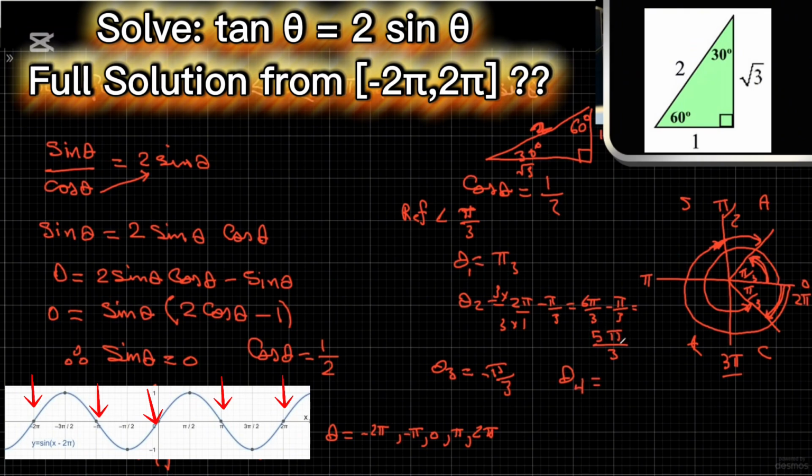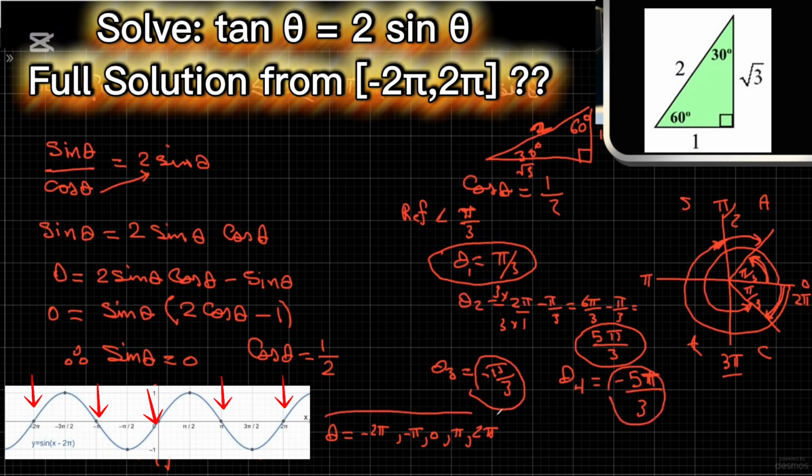So instead of 5 pi/3, it will be negative 5 pi/3. And so these are your answers. So θ1 is pi/3. And this is θ2 right here, and also this and this. All of these are your answers for this question.